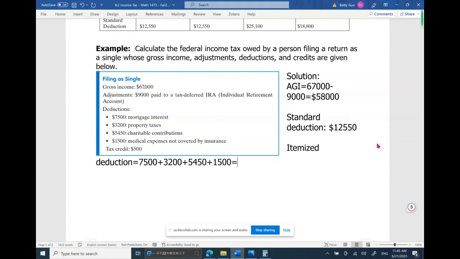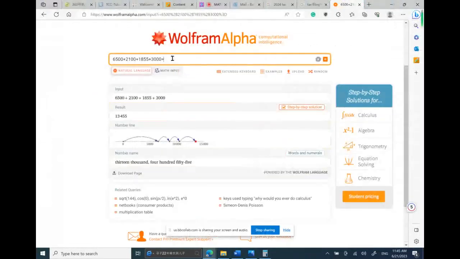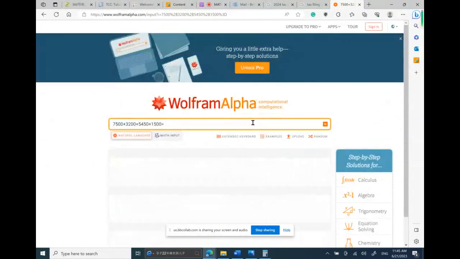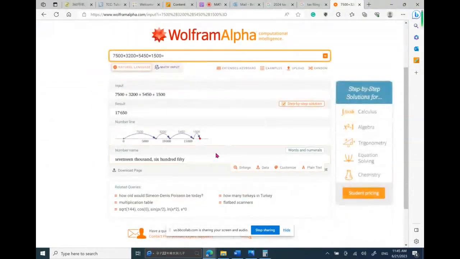Double check. Be very careful when you calculate those numbers. It never hurts to double check your answer. Let's see what is the sum. $17,650.